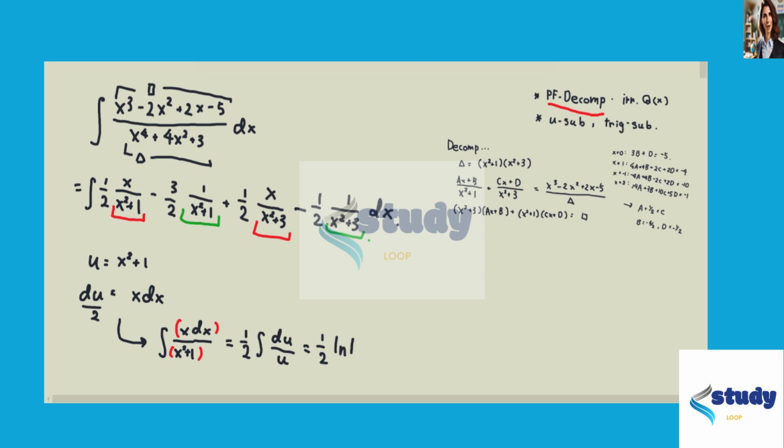And u is equal to x squared plus 1. So what's nice here is that we actually don't need the absolute value because x squared plus 1 is always positive. So you can rewrite it as the natural log of x squared plus 1 in parentheses. You don't have to call it absolute value, okay? And of course, we have a plus c because this is an indefinite integral, but I will omit it just for simplification purposes. All right, moving on.